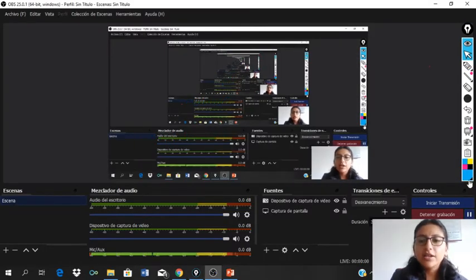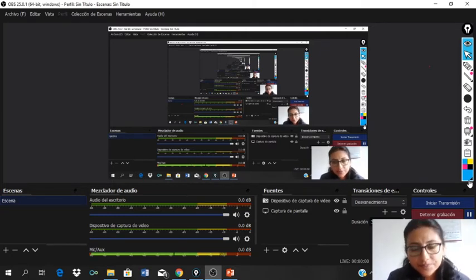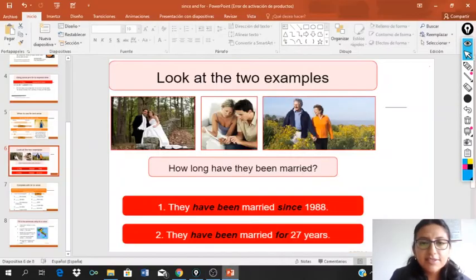Okay, now we're going to practice the use of since and for. Okay? Let's start. Look at the two examples. How long? What is the meaning of how long? ¿Cuánto tiempo? Okay? ¿Cuánto tiempo have they been married? Now we're going to use since and for.